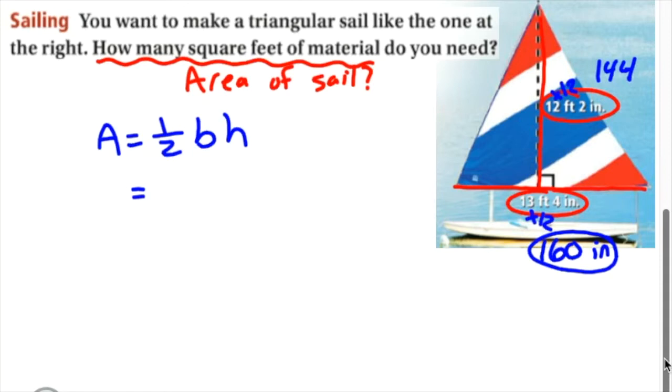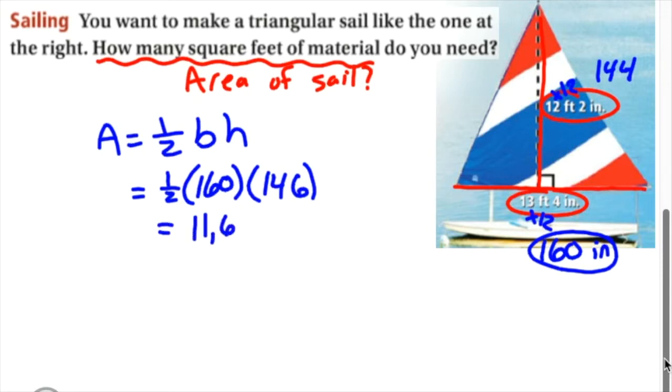So for right now, this is going to give us an answer in square inches: 1/2 times 160 of the base, times 146 of the height. If you do all that, that's 11,680 square inches, which is a great answer, except they asked for square feet.